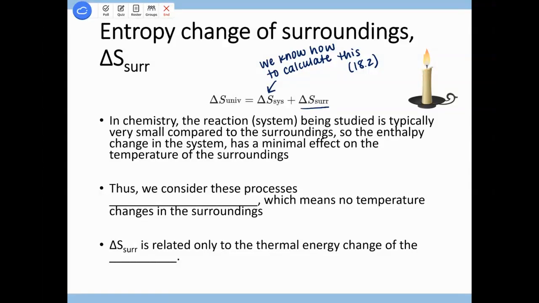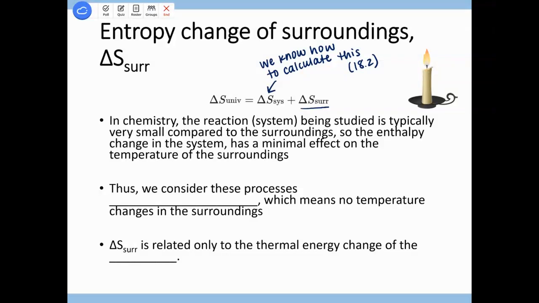So that's an example, but in general, when we're conducting experiments, reactions, or a phase change, the surroundings' temperature change, we're going to assume, is zero. It's usually very, very small, so we'll assume it's zero. We're also thinking about enthalpy change, so change in energy. We're going to say the change in enthalpy of the system has a minimal effect on the temperature of the surroundings.